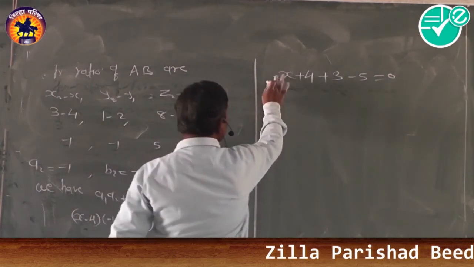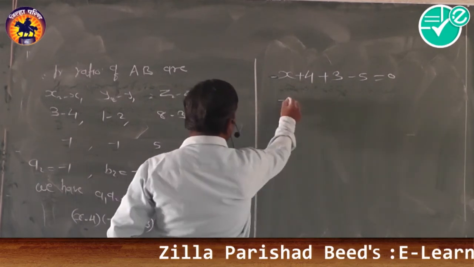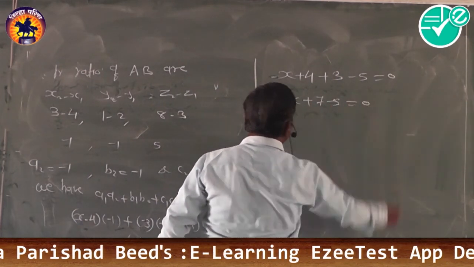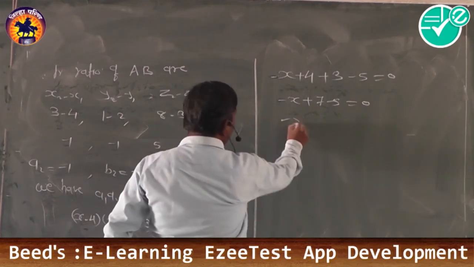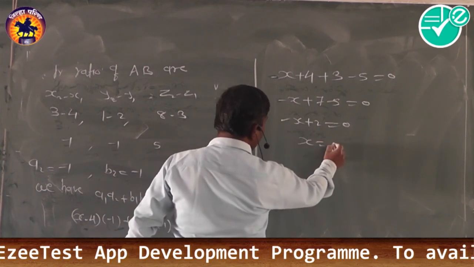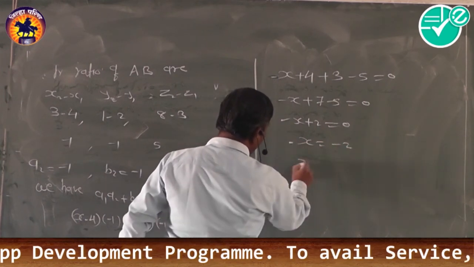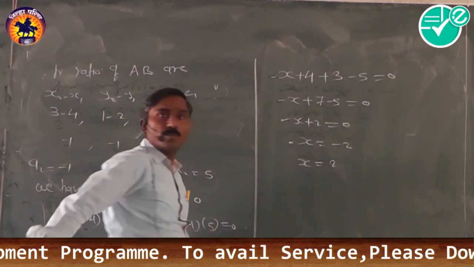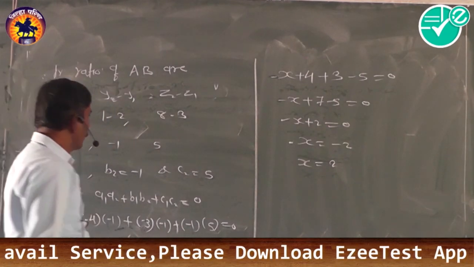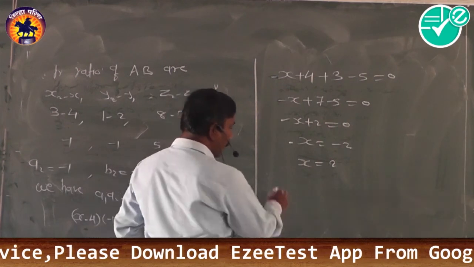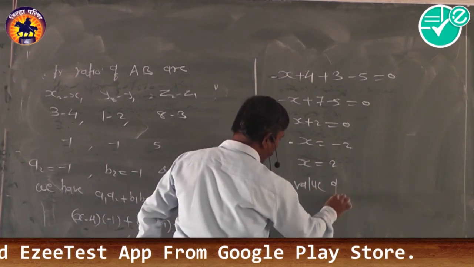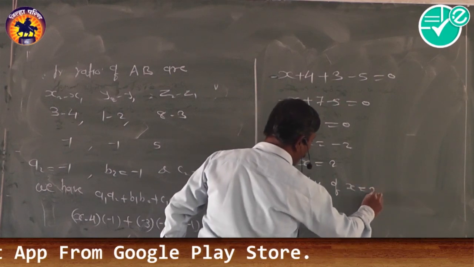So minus x plus 7 minus 5 is equal to 0, minus x plus 2 is equal to 0, so x is equal to 2. Therefore the value of x is equal to 2.